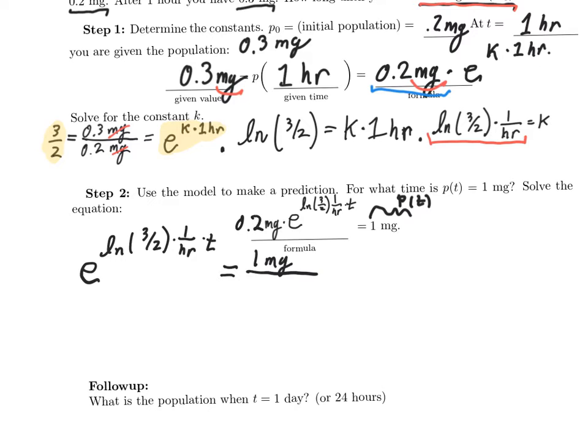Should be 0.2 milligrams, right? Not 0.02. Divided by 0.2 milligrams. And just as before, the milligrams cancel. Well, you can do the division on your own, but maybe I'll say this. 0.2 is the same thing as 1/5, so that's 1 over 1/5. That's 5.